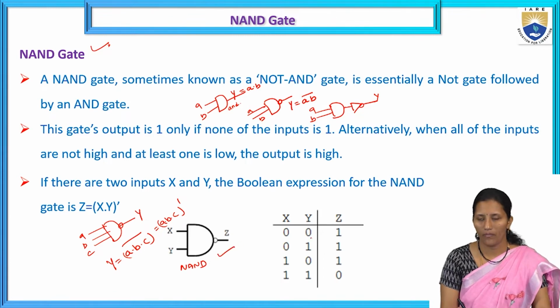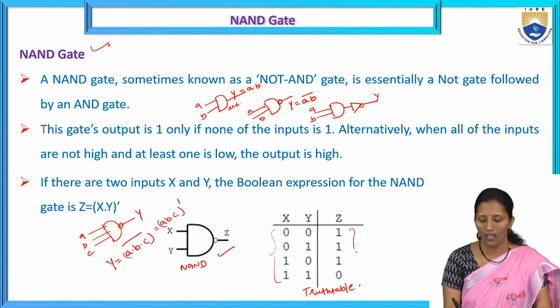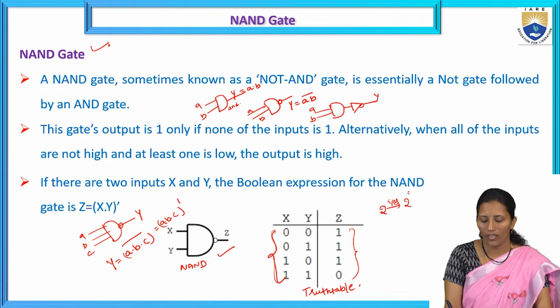And if we go for the truth table, what will we observe here? For the different combinations of the input, what is the output? If we have two inputs X and Y, the different combinations are 2 squared, 4 combinations: 00, 01, 10, 11.